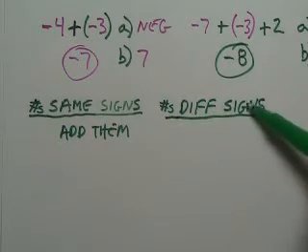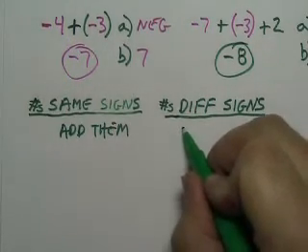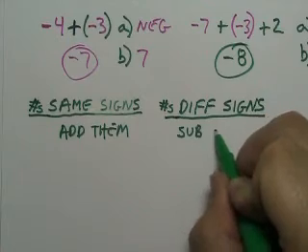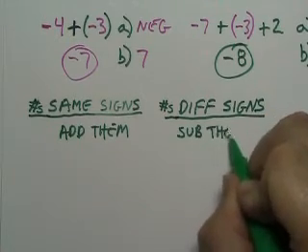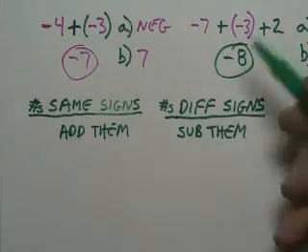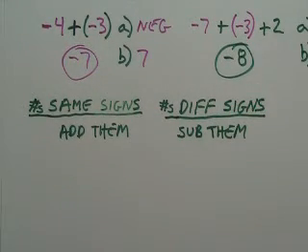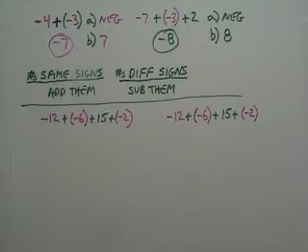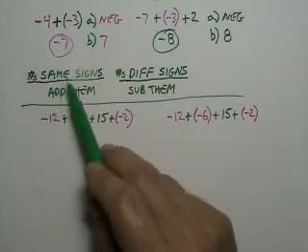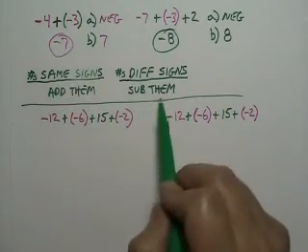If numbers have different signs, subtract them. Same signs add, different signs subtract. Okay, so those are our rules.